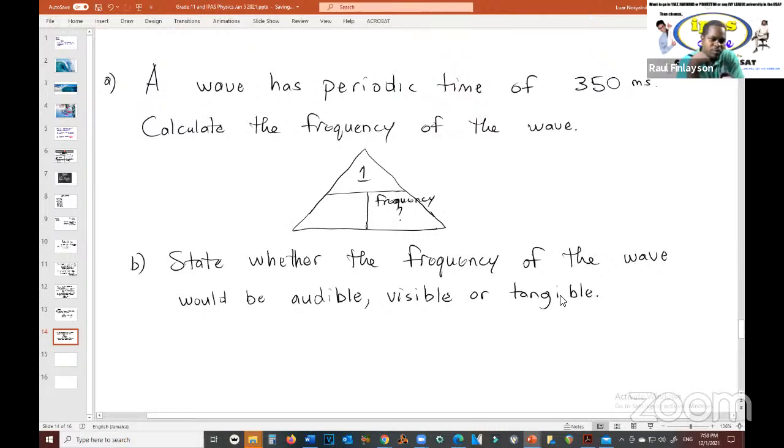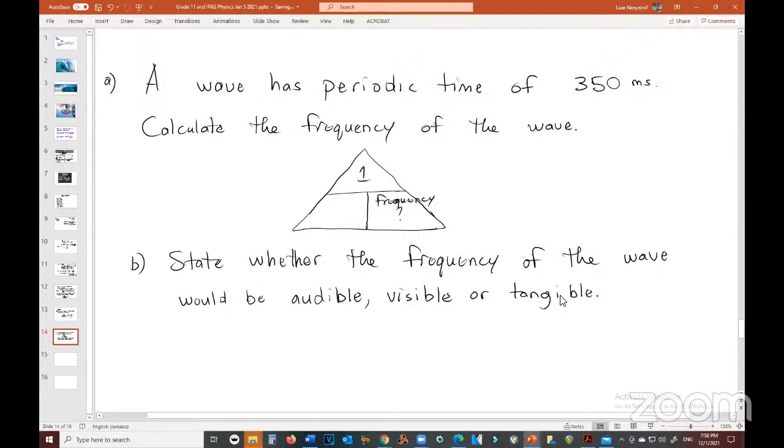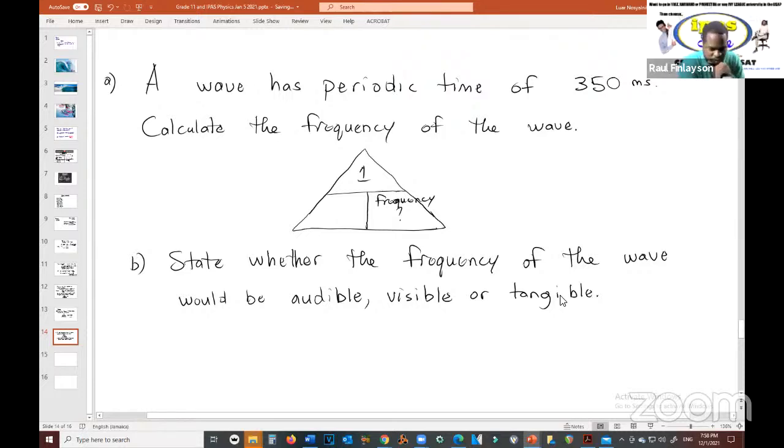Some waves you can feel them, like an earthquake, you can feel an earthquake. Yes, sir. That's a tangible wave. Once you can feel it, it's tangible.